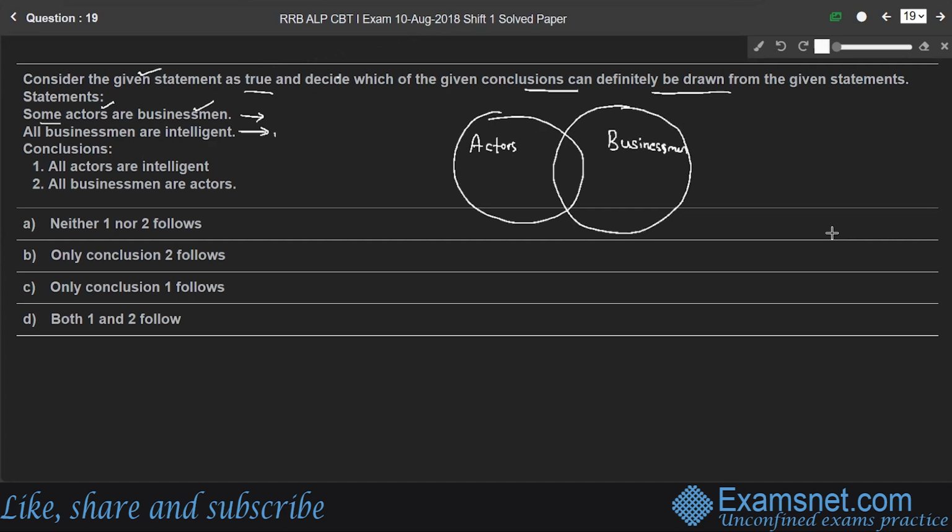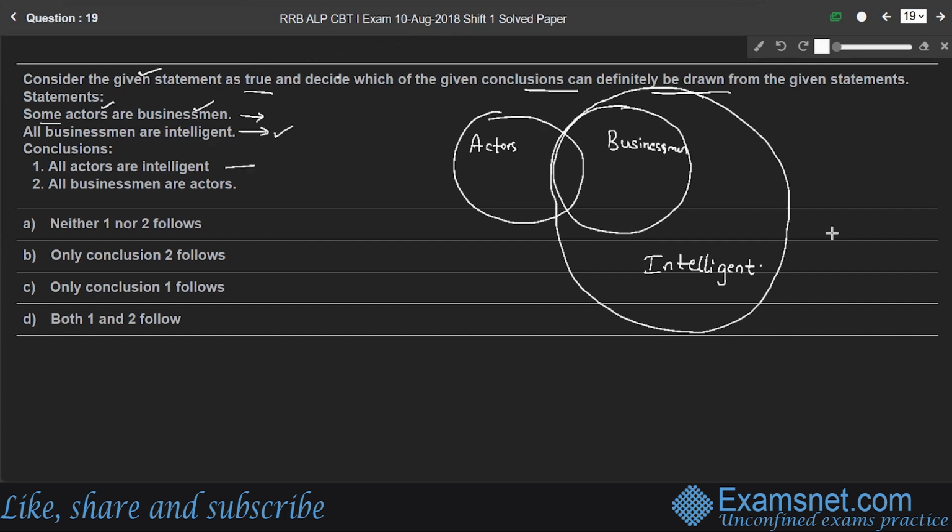Second statement, all businessmen are intelligent. So the set of businessmen is completely included in the set of intelligent.